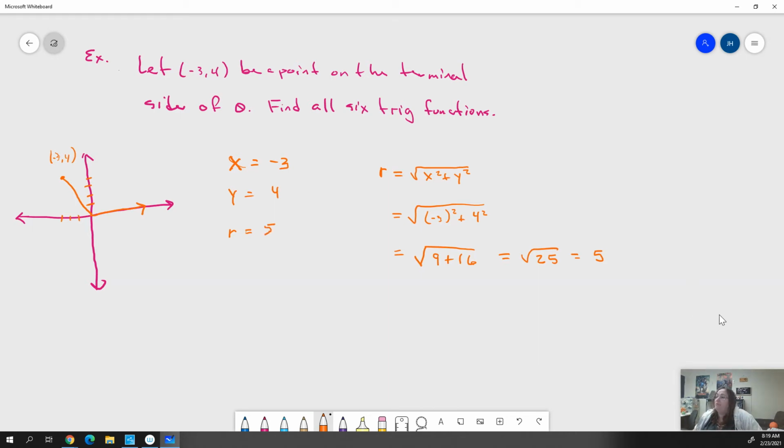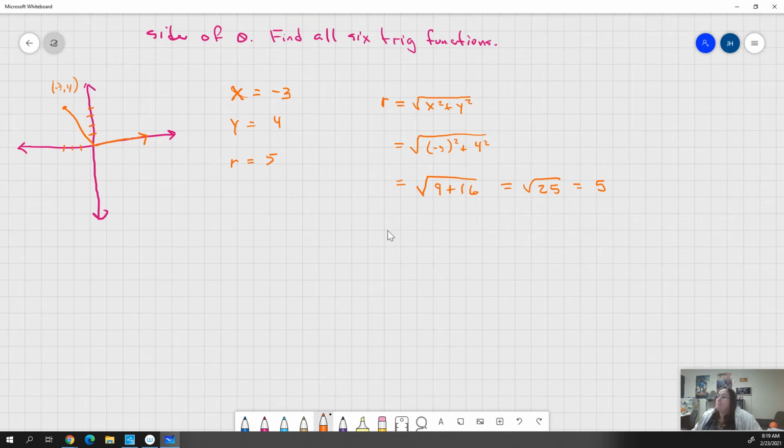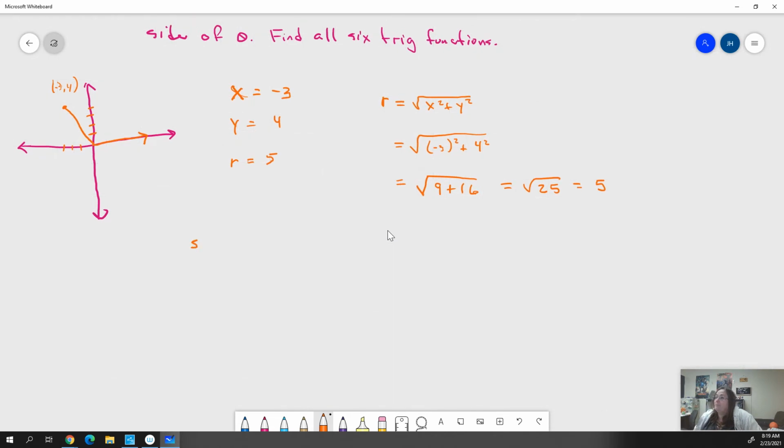We need to know, well, what are our 6 trig functions? Our 6 trig functions are sine of theta, which we know equals y over r, which is 4 over 5.